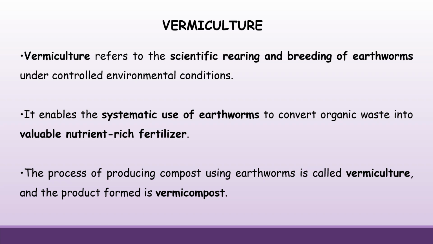So the process of producing vermicompost by using earthworms is called vermiculture, which is basically a technique. And by using this technique, we ultimately produce the product known as vermicompost.